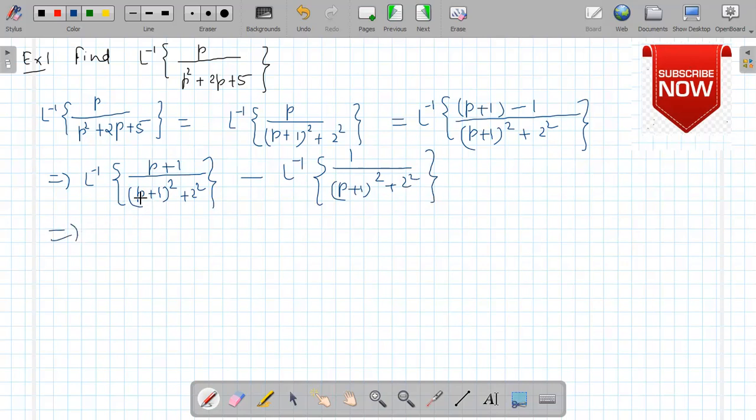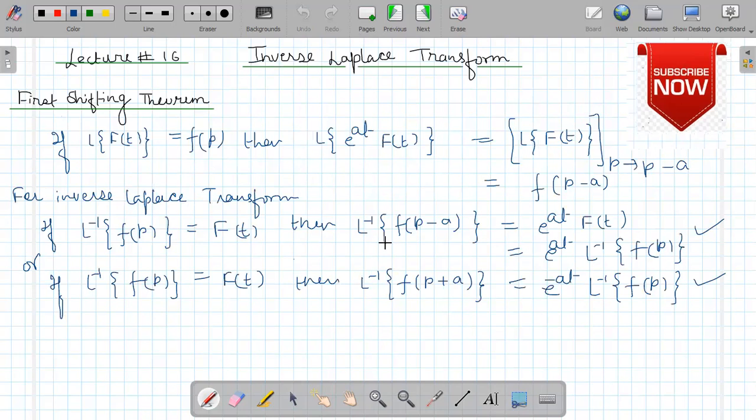Now this becomes a function of p plus 1. You can see this becomes a function of p plus 1. So let me see the property: Laplace inverse of f(p plus a) is equal to e raised power minus at into Laplace inverse of f(p). Means in the function, p plus a will be replaced by p.